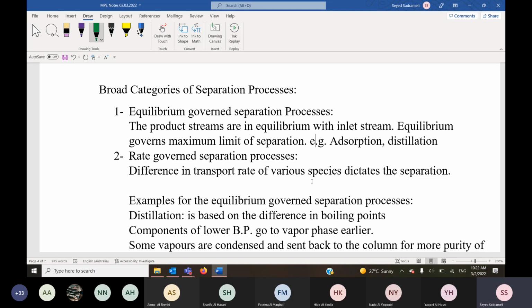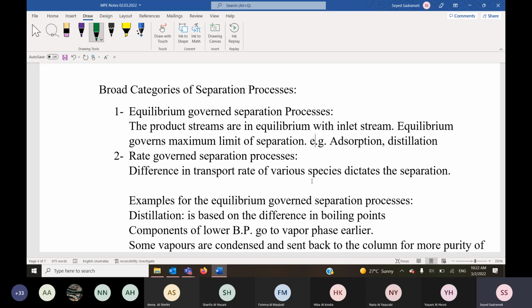So the first type of separation is based on the equilibrium between the components of the mixture. The second is based on the rate. So the difference in transport rate governs the separation, or is the main parameter for separation.